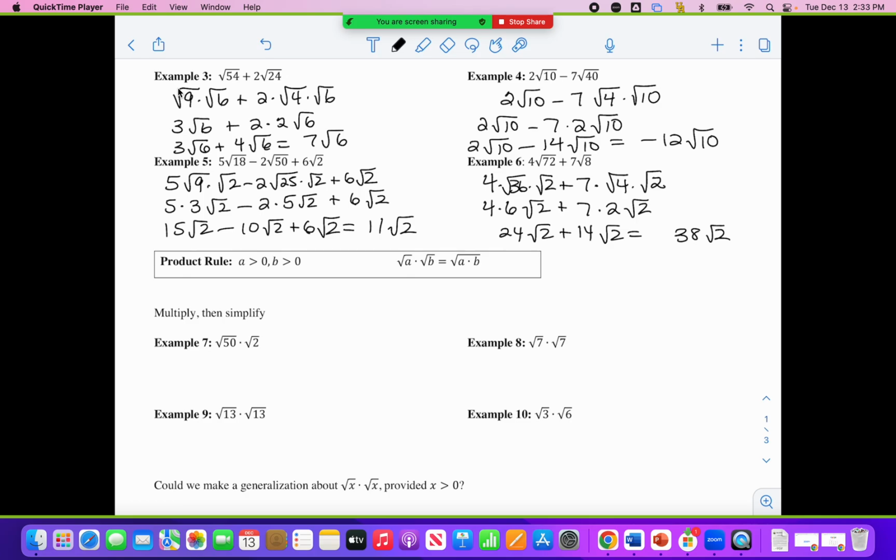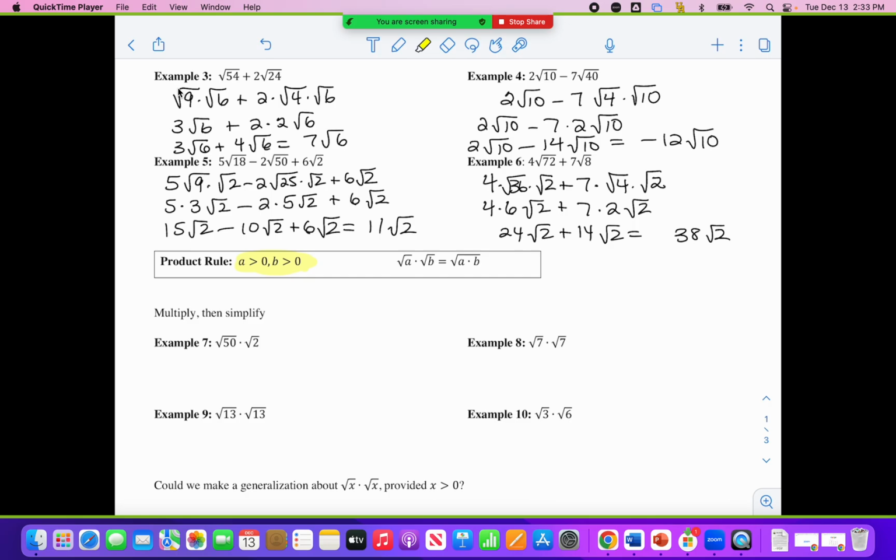Now we have the product rule, which I mentioned yesterday. It is really important, and you don't know this yet, we're going to be getting into something called imaginary numbers in Unit 5. And so in order for the product property to work, when we hit negatives underneath, the product rule doesn't work if they're negative.